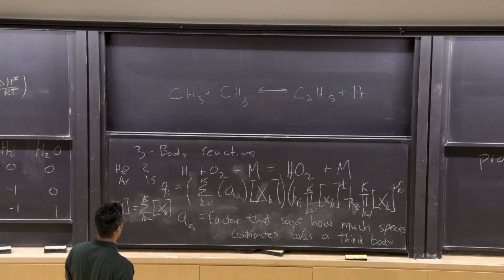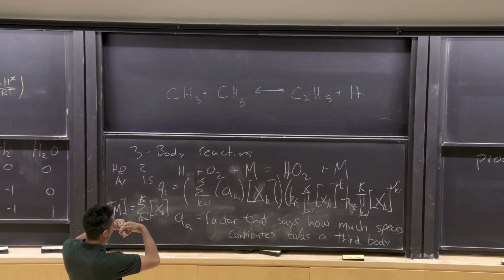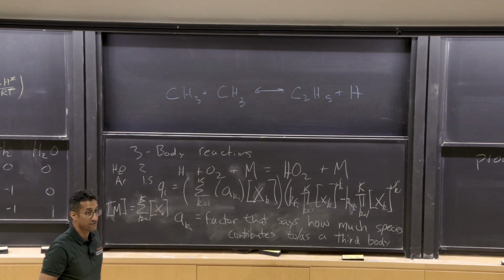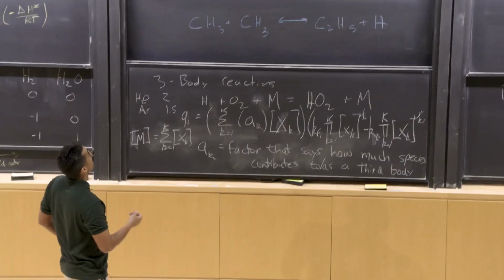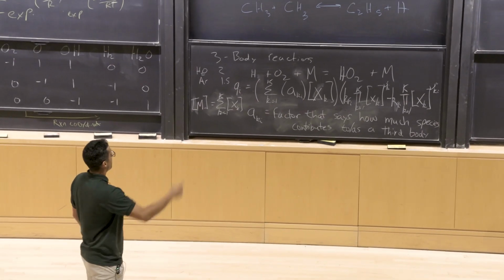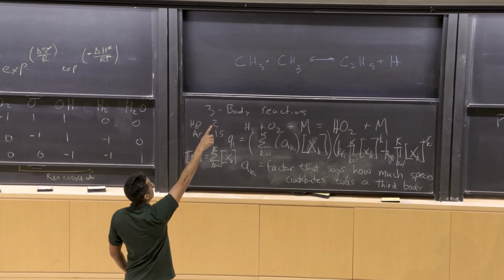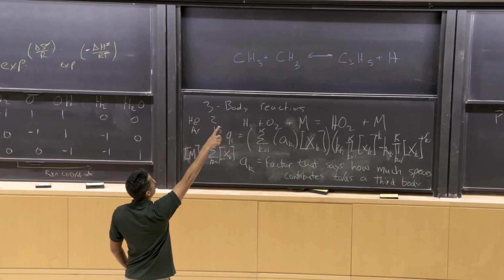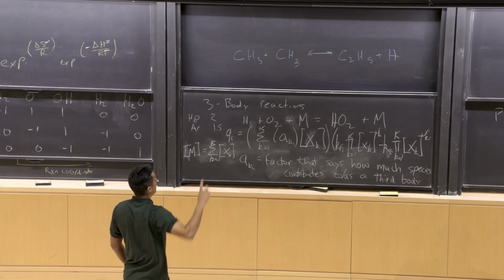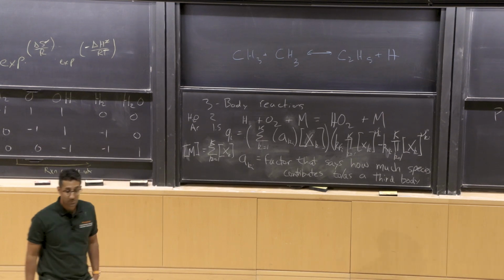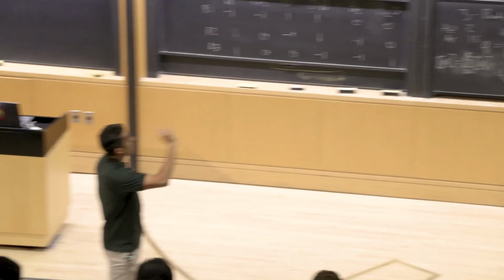CH3 and CH3 looks like you need to form a bond together to form C2H5, and then the H has to leave. But it can happen as a single step. I mean, initially CH3 plus CH3 in the main reaction will form the well, C2H6, and then hydrogen will be lost to form the products, C2H5 plus H. But it has been known, again, through theoretical calculations, that this can be a well-skipping reaction.